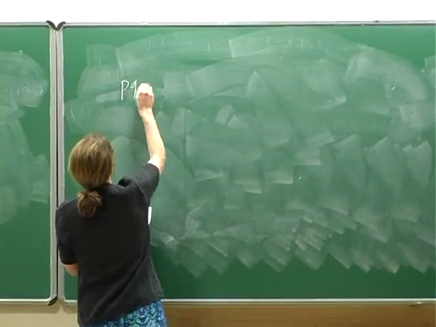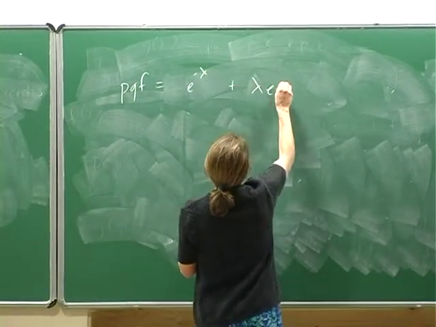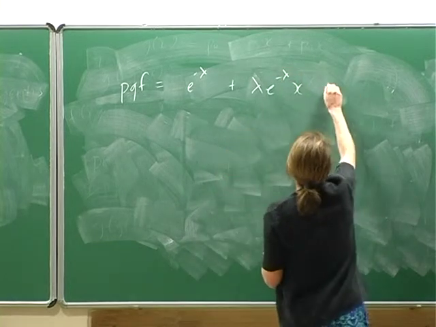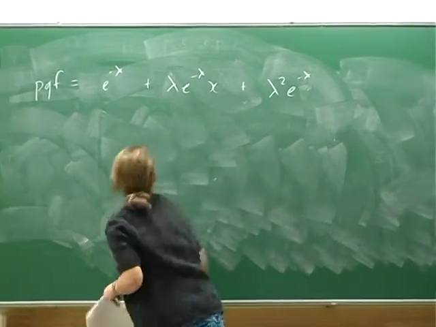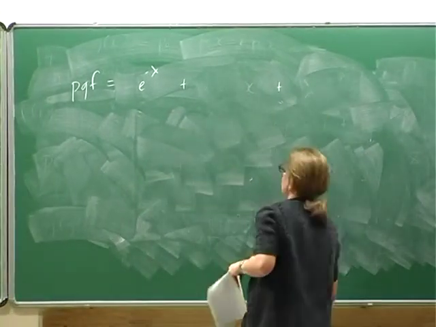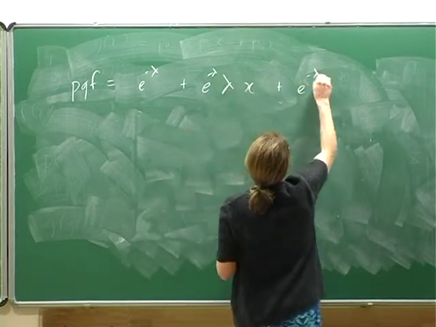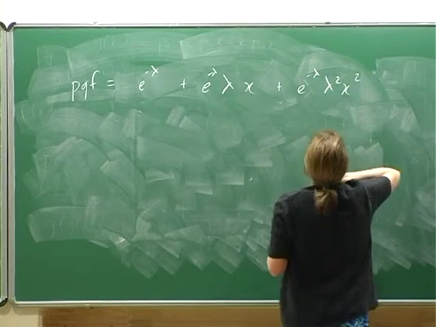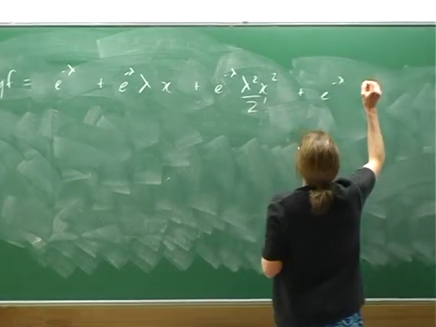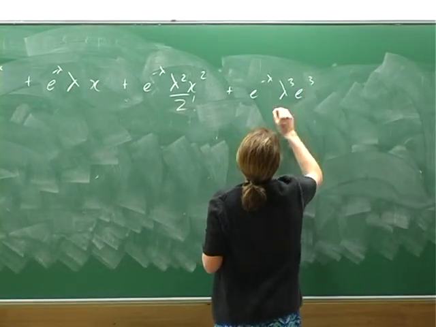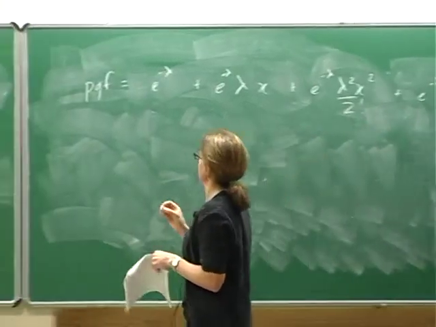So the PGF has got to be e to the minus lambda, plus lambda e to the minus lambda times x, plus lambda squared e to the minus lambda x squared over 2, plus e to the minus lambda lambda cubed x cubed over 3 factorial, and so on.